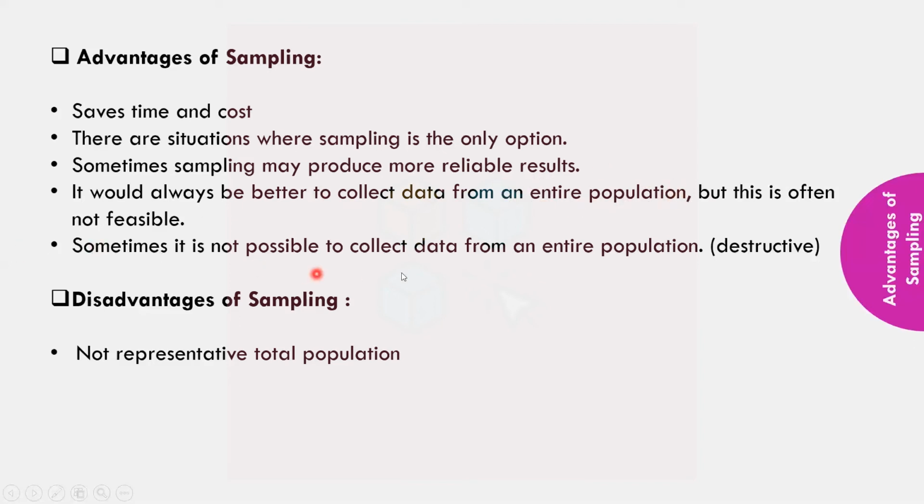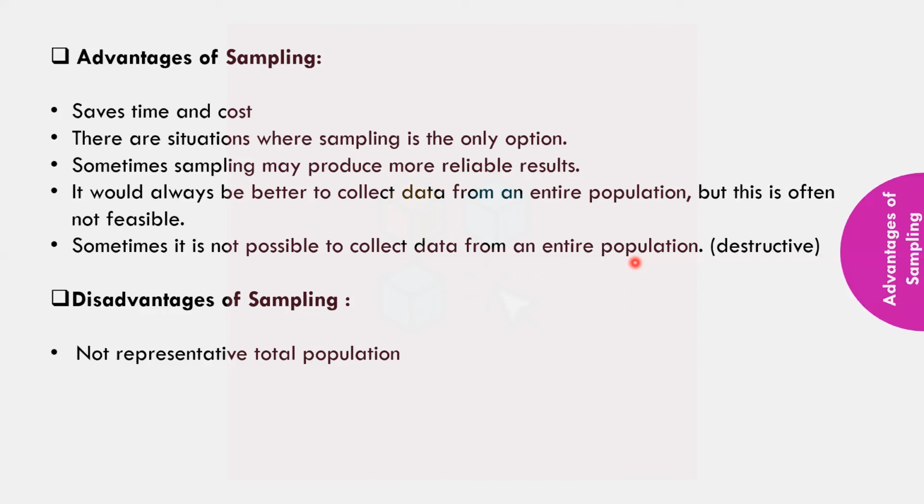Sometimes it is not possible to collect data from the entire population. For example, if you want to find the lifetime of electric bulbs from a company's whole lot, it is easy to switch on some bulbs and check the lifetime, whether they burst after a few hours, a few weeks, a month or a year.